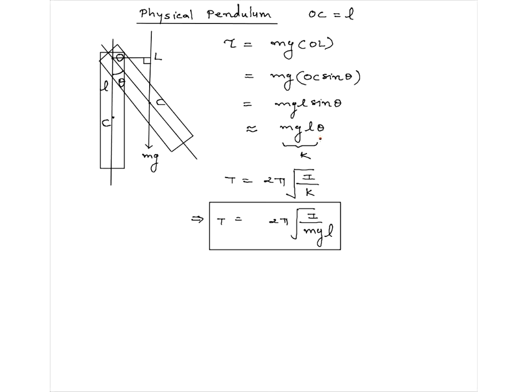Then we took sin theta as theta. So while discussing torque, OC was coming. C was important because of torque, and that was L. L came from this. As far as I is concerned in this derivation, where is the mention of C?